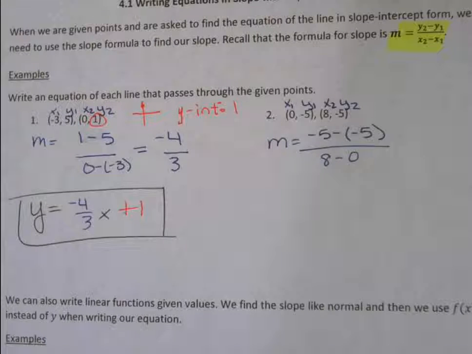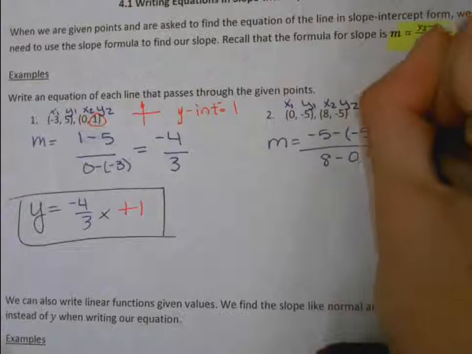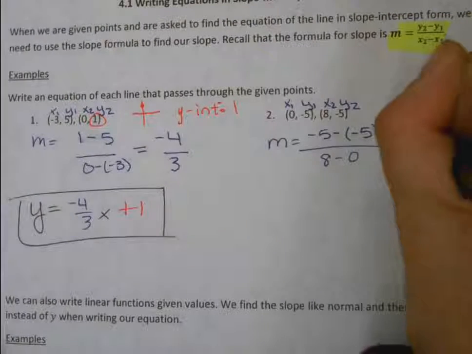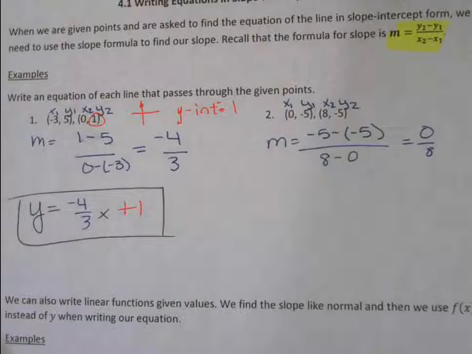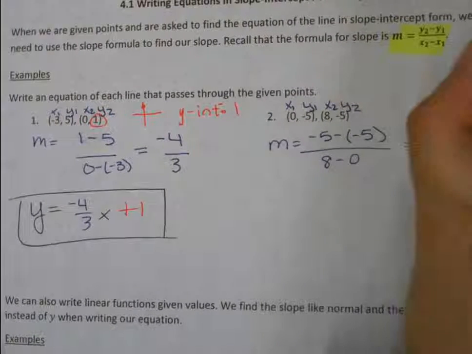What is negative 5 minus negative 5? 0. And 8 minus 0? 8. So 0 over 8 is the same thing as me just saying 0.